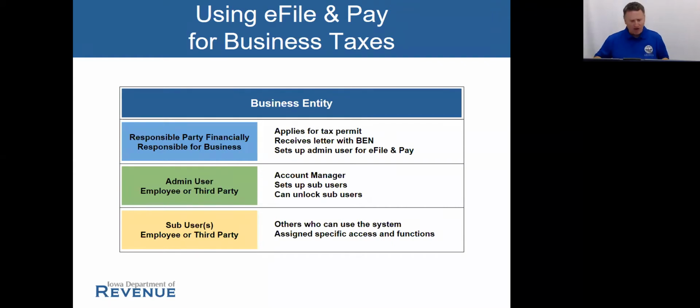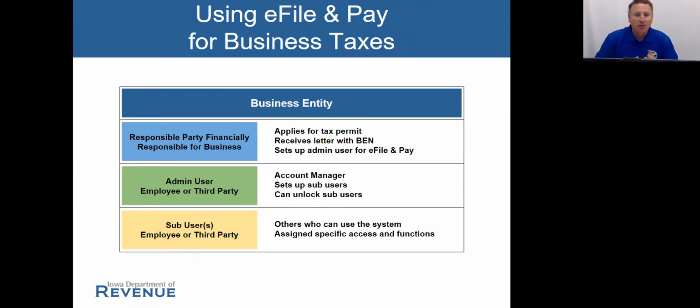The first thing I want to do is define a couple of terms. We do use a few different terms at the Department of Revenue here, especially regarding eFile and pay. So I just wanted to go through these briefly with you. The first one we have at the top is responsible parties. These folks are financially responsible for the business.